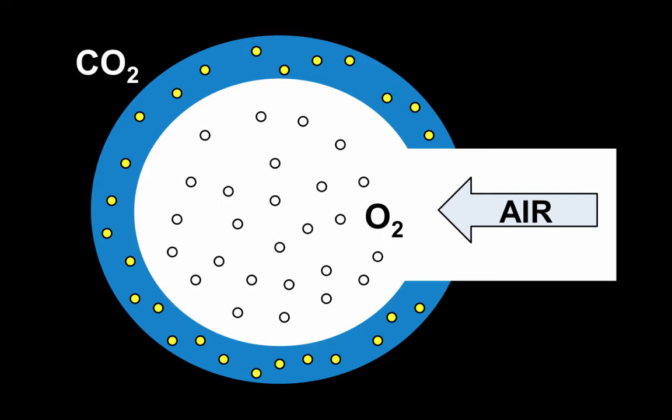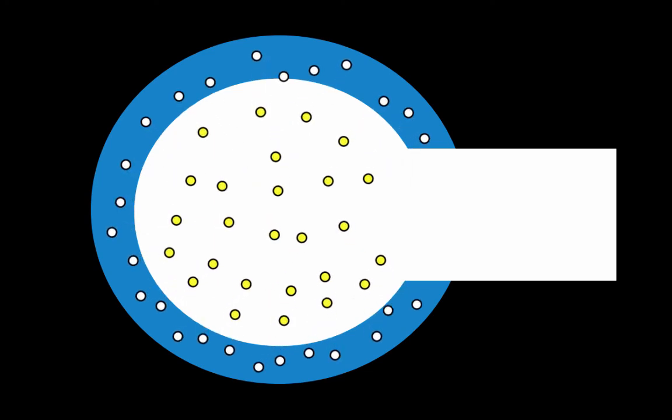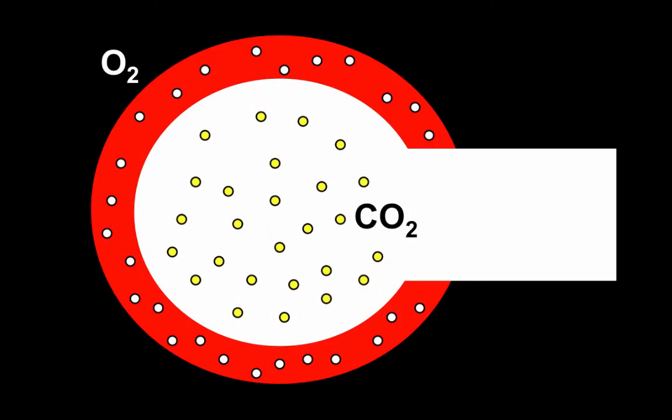And then the oxygen and the CO2 are going to diffuse across the membrane and switch. So now you have oxygenated blood that can go back and provide the necessary materials for more cellular respiration. And then the organism will exhale and get rid of the carbon dioxide.